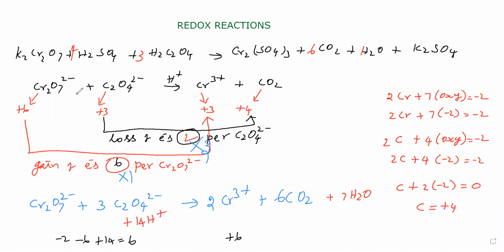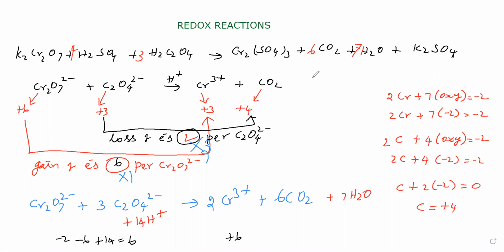Now we will see oxygen. Oxalate oxygen is balanced in carbon dioxide. Sulfate oxygen is balanced in sulfate. Dichromate oxygen alone we will see. Dichromate oxygen 7 is converted into water molecules, therefore 7 water molecules. Now hydrogen is the last atom. That balancing we have to see.